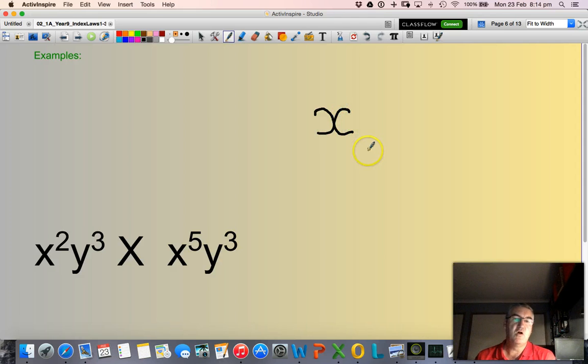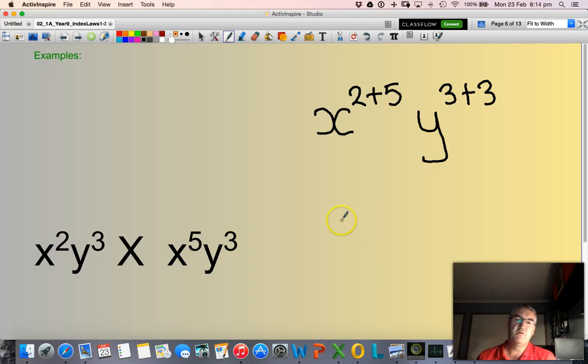So I have x, now I have an index of 2 and an index of 5, so I can write this as 2 plus 5, and then let's look at my y base. I have an index over here of 3 and another index of 3, so this becomes 3 plus 3, so I can simplify this to be x to the power of 7, y to the power of 6.